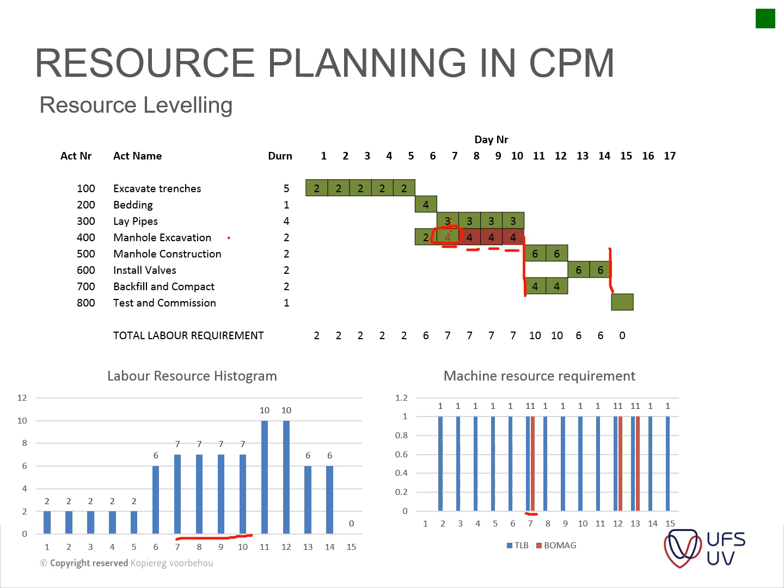So this was a nice example of how it can be mitigated without using too much labor or adding another day to it. So that's more or less what resource leveling is. So there's 2 examples, the one for labor leveling, and then the other one for machinery leveling.